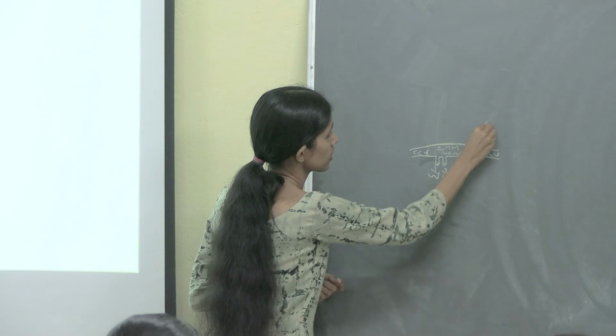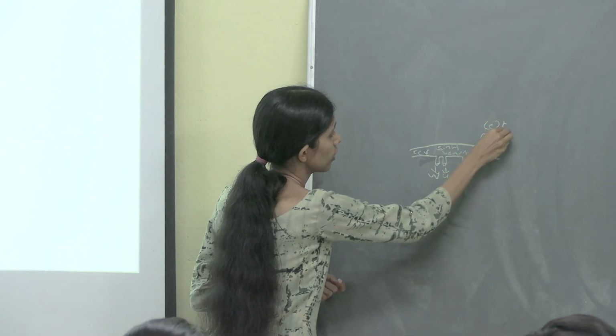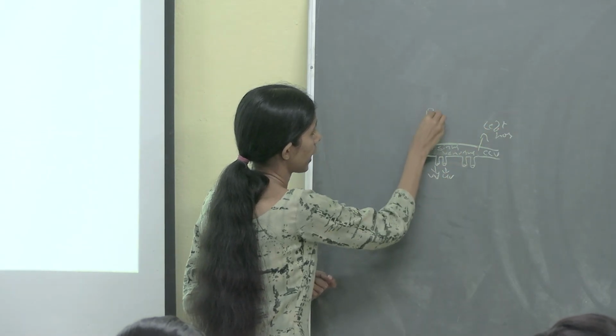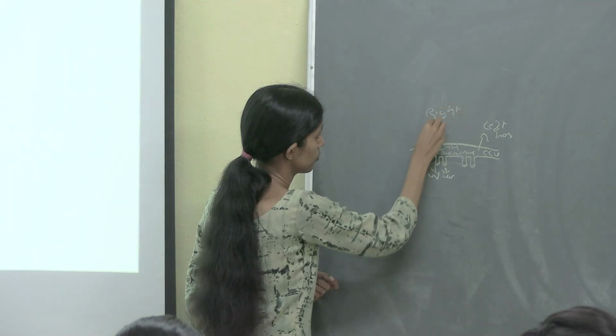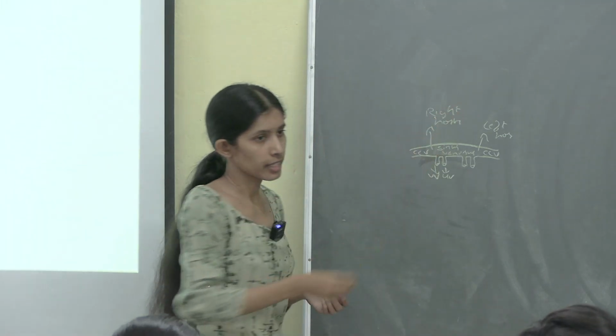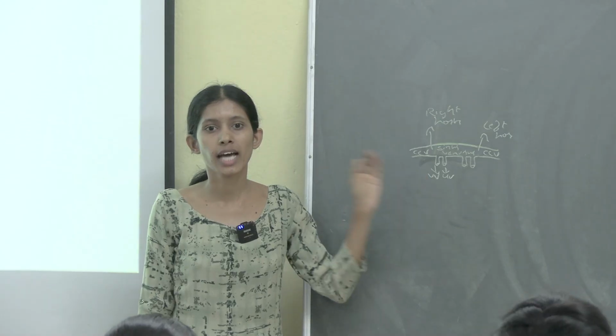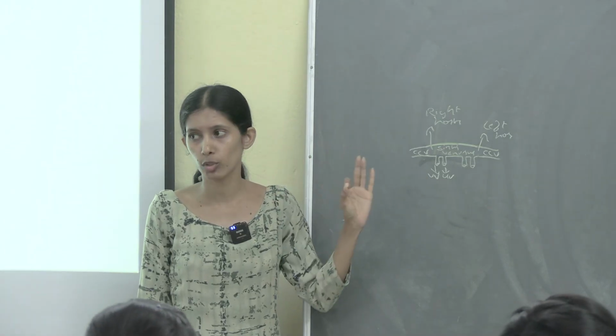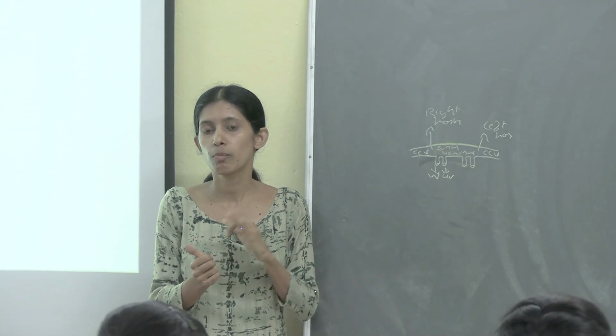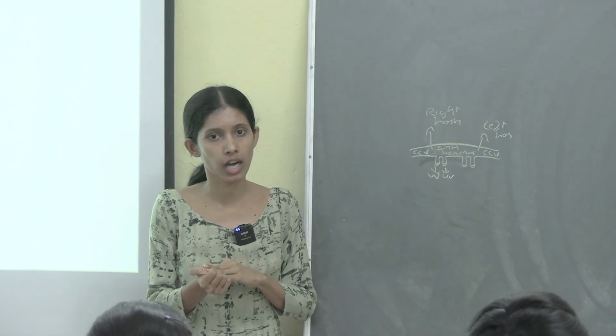I can say this is the left horn and this is the right horn. Sinus venosus is the venous end of the developing embryo. It has 3 sets of veins draining into it. Those are vitelline vein, umbilical vein, and common cardinal vein.